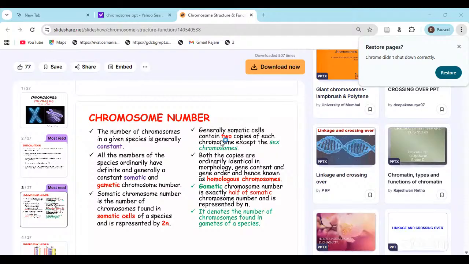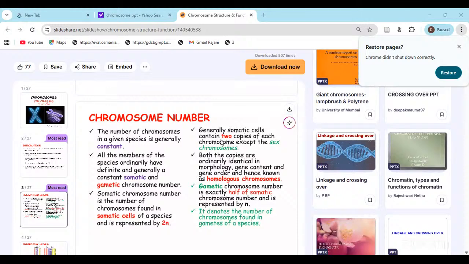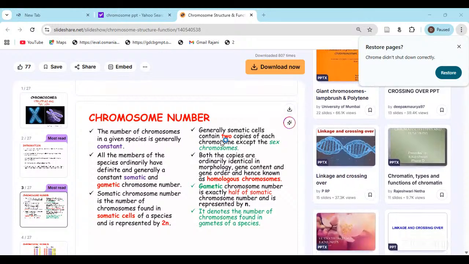Coming to the next one, the chromosome shape and the chromosome number. The number of chromosomes in a given species is generally constant. This is most important: whether you take any plant or animal, any living organism, the chromosome number is always constant.